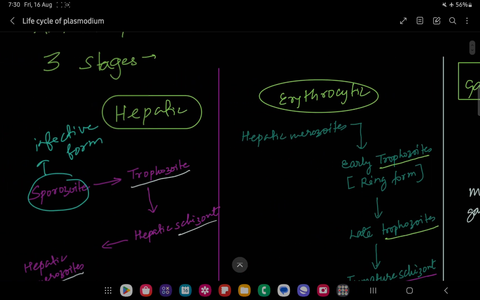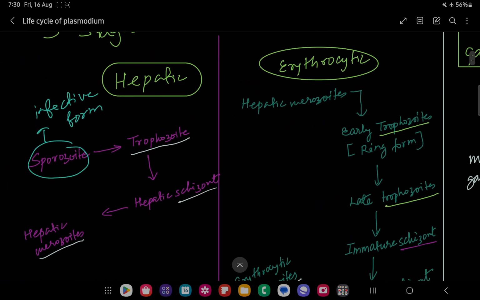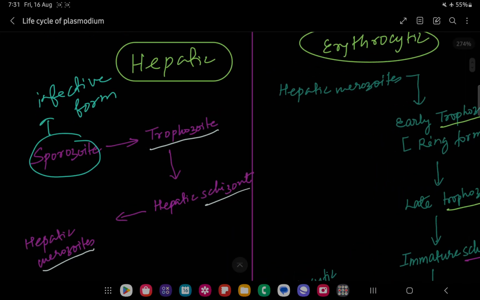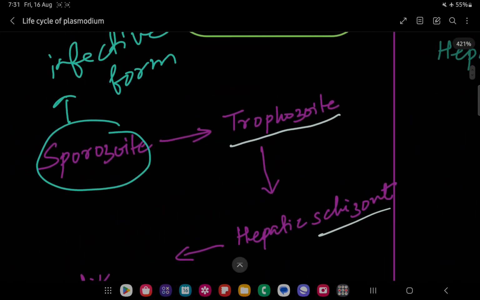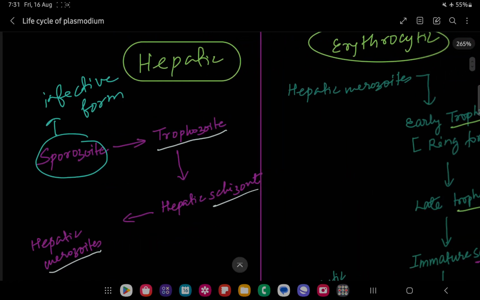In the hepatic stage, when a female Anopheles mosquito, which is the carrier that carries the sporozoites, the infective form, bites a human, the sporozoites present in the salivary gland of the female Anopheles mosquito are transferred to the human.